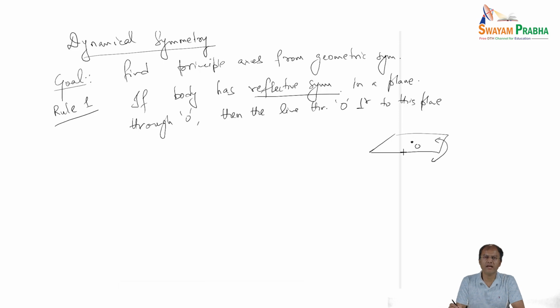And O might be the origin of the coordinate system. Then the line through O perpendicular to the plane is a principal axis.